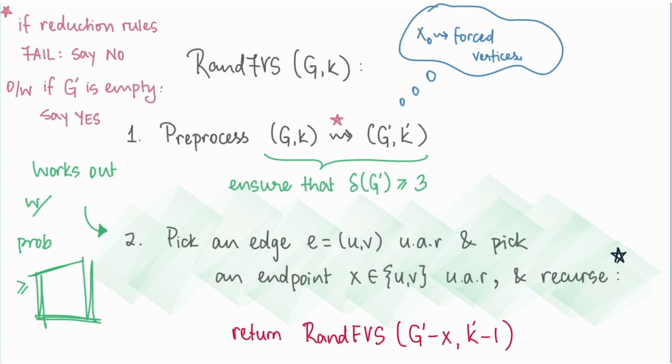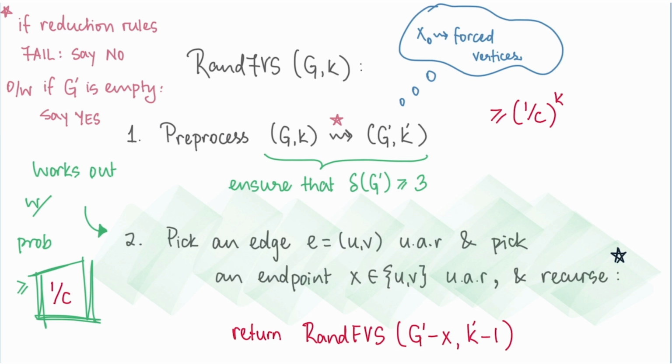So in particular, suppose you're able to conclude that things work out with probability at least 1 over c, then notice that you can actually establish a probability of 1 over c to the k for the success of the overall algorithm. And the reason you can do this is very similar to the inductive approach that we had when we were working with vertex cover.